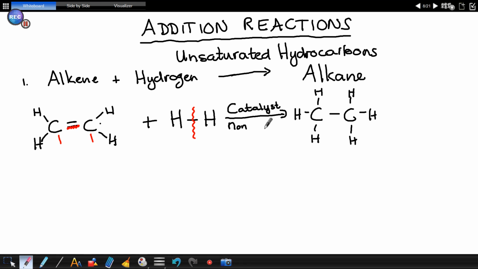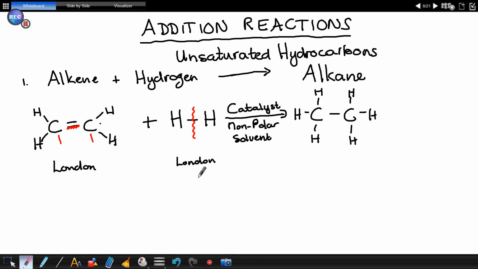Why do you think we need a non-polar solvent? The alkene has London forces and hydrogen has London forces, so they are similar.